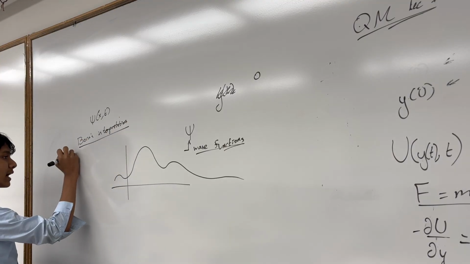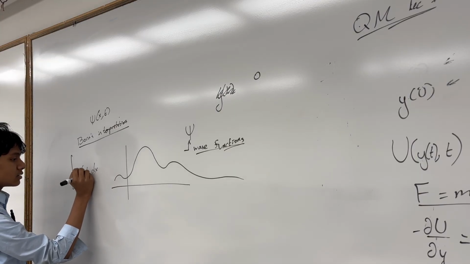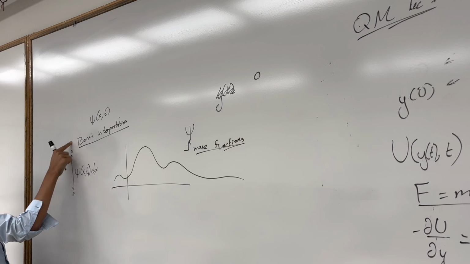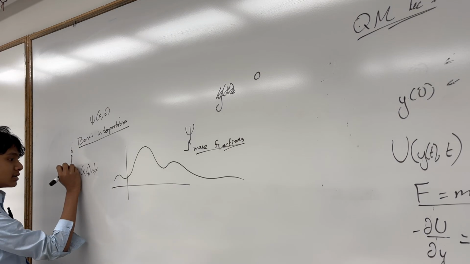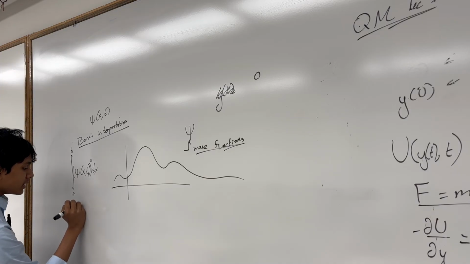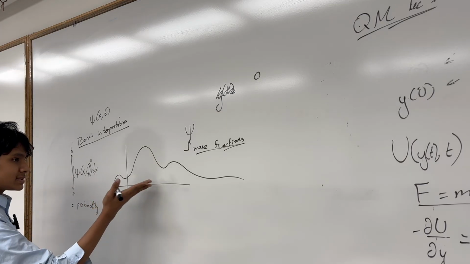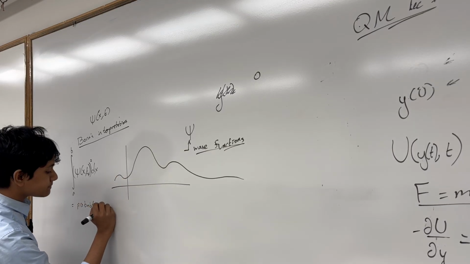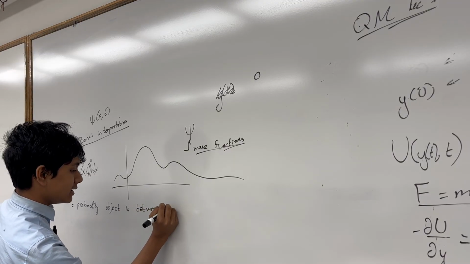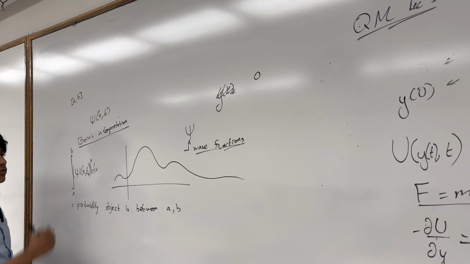This tells us that if we integrate the wave function, actually it's not this, but it happens to be this squared, with respect to distance at a certain time, from point A to point B, then this gives us the probability that whatever object is being described by this wave function is between points A and B. That's just because we're integrating over the interval a comma b, which is how all 2D integrations work.